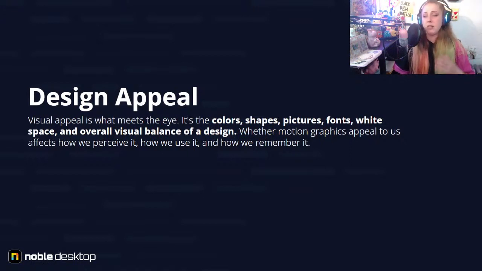Is there enough space? Is there symmetry or asymmetry? Is there any type of balance ultimately happening in your design? All of those choices are ultimately going to affect how a person is going to perceive it, and long story short, how they're going to remember it.